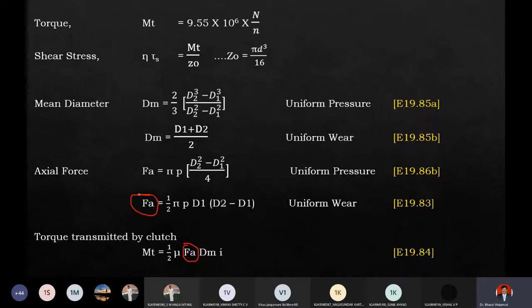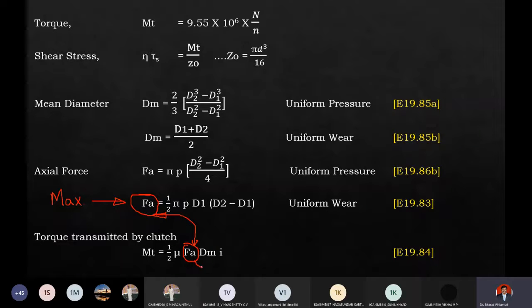Basically we assume that these two axial forces are the same. But physically what exactly happens is there is a basic difference. The axial force in this equation is the maximum axial force that can be applied. This is what we are trying to talk about.